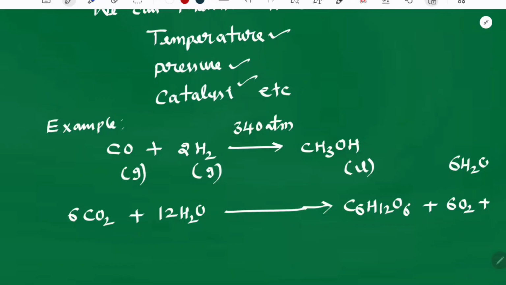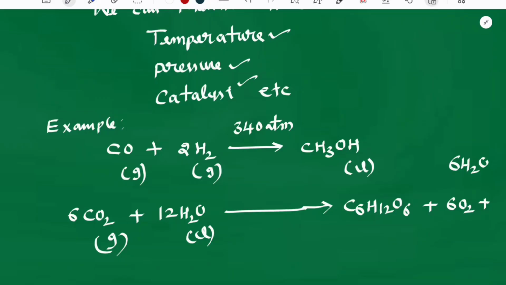This is the photosynthesis equation. Carbon dioxide we get from the atmosphere and water is a liquid. Here glucose is in liquid form, but we can't write liquid. Why? Glucose is present inside the plant in the form of liquid.